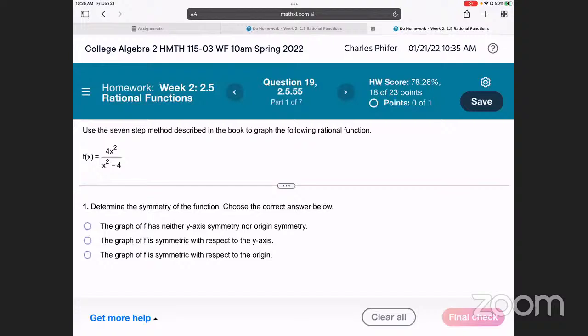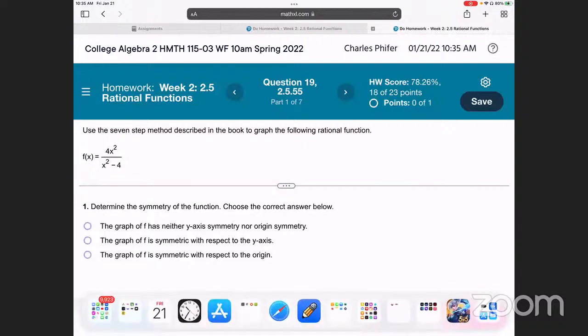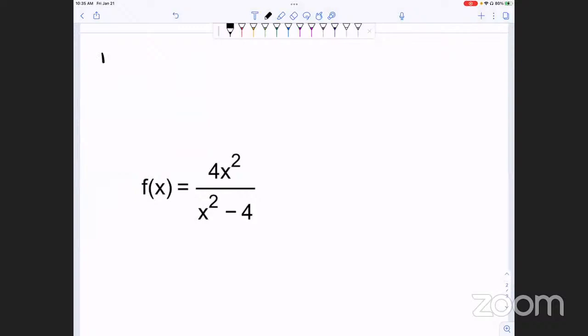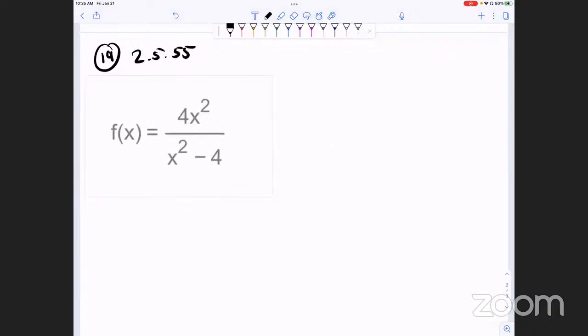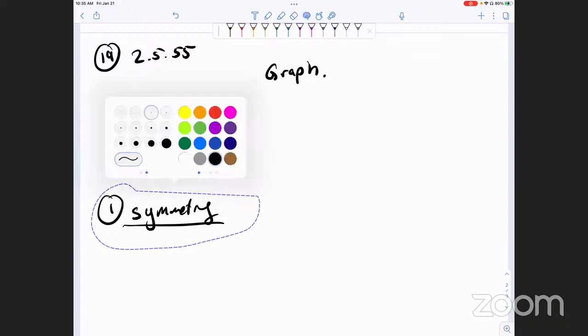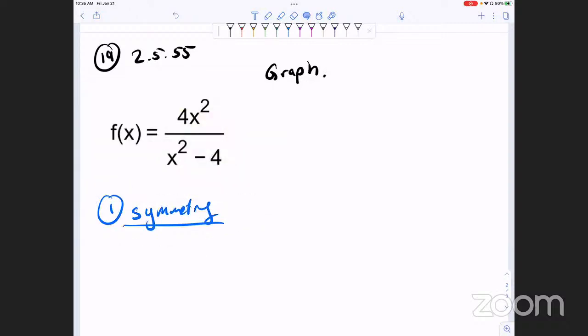This comes from section 2.5, question 55 from the text. We'll add the graph here. So the first thing we're going to talk about is the symmetry.